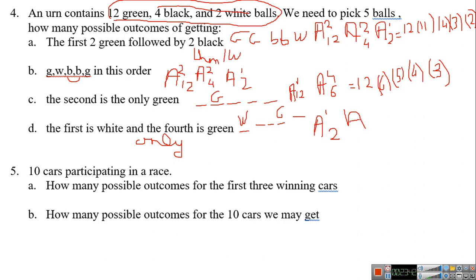The fourth one is the green. Concerning the rest, I didn't say like the second is the only green. I told you the first is white and the fourth is green, but the rest can be anything. It can be white, it can be green, it can be black, whatever.